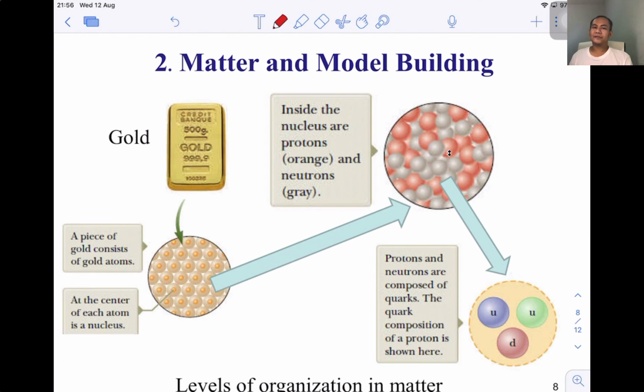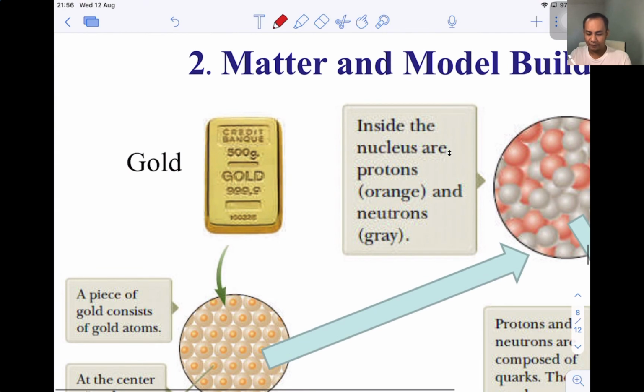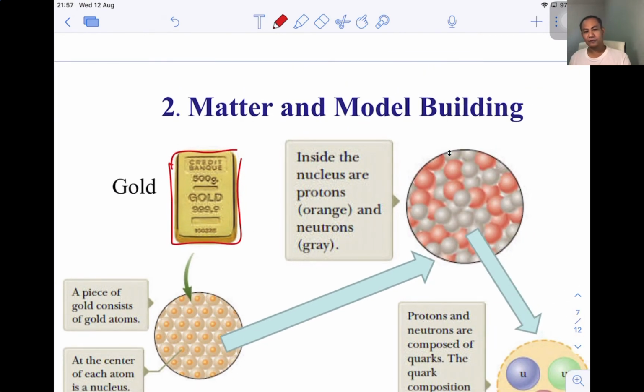In physics, if we want to understand something, we need to look at a very, very small scale. For example, if we look at gold, this is gold, looks very beautiful, right? Gold looks very shiny, yellow. Everyone wants gold. So what is the gold that we see here composed of?